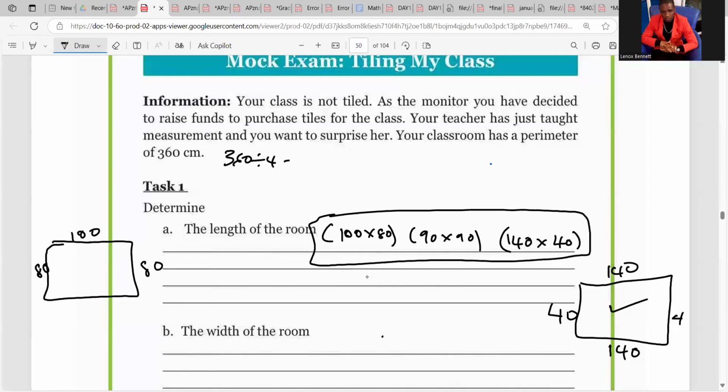So when she divided it by 4, she knew that 90 times 4 would give you 360. But it's not just the length, because I notice you are saying the length alone should give you the 360. That's not quite correct, right? All 4 sides must give you the perimeter, the total distance around.